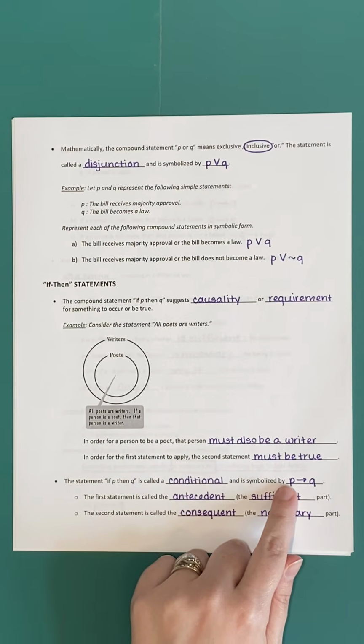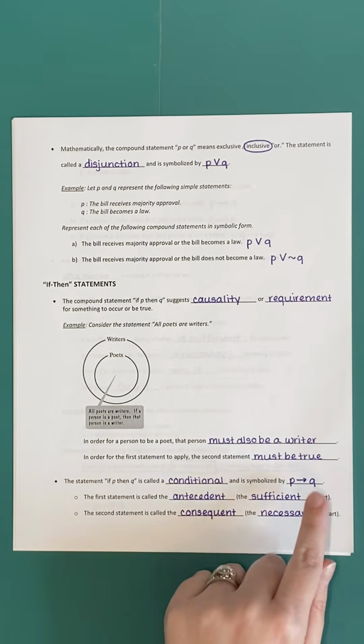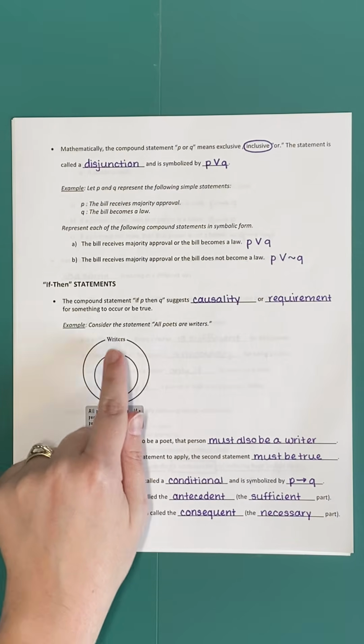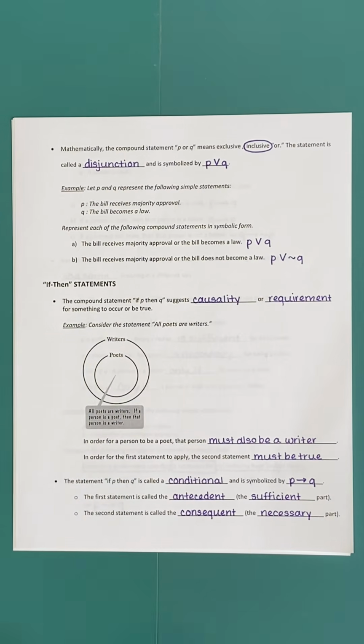It is sufficient for P to be true to say that Q is true. It's sufficient to say that someone is a poet to be able to say that that person is a writer. That's not the only way for a person to be qualified as a writer, but if that person is a poet, then that's a sufficient condition to say that that person is also a writer.